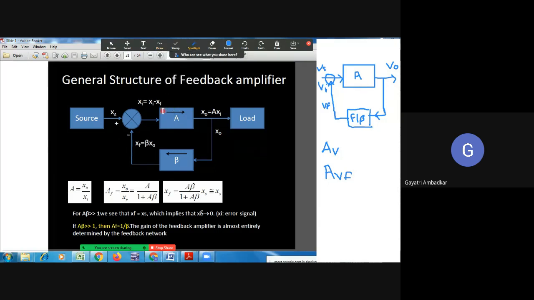So look here. This is your amplifier. Look at the spotlight. This is your amplifier. Okay. When I talk about only this block, I will say this is an amplifier without applying any feedback. So this is amplifier without applying any feedback, only this part.